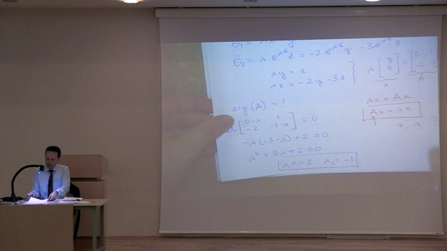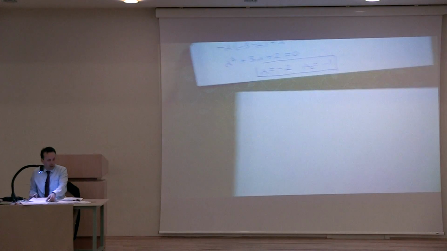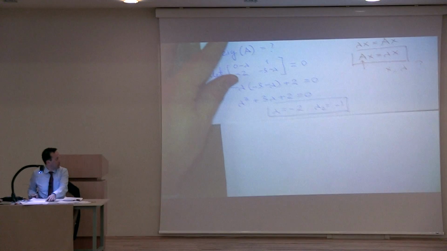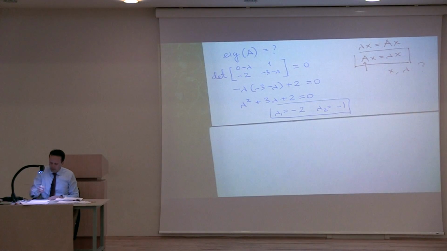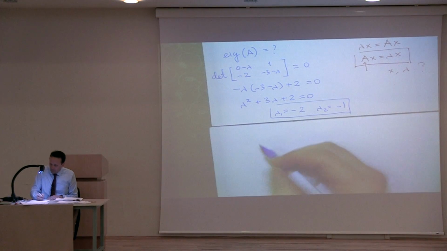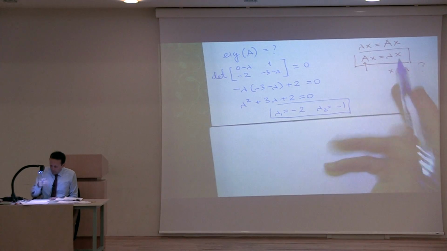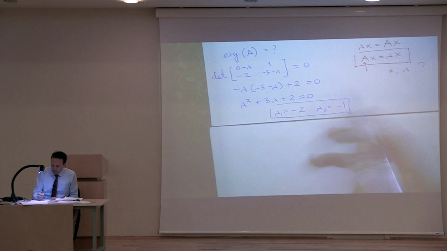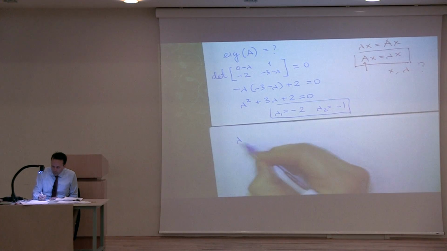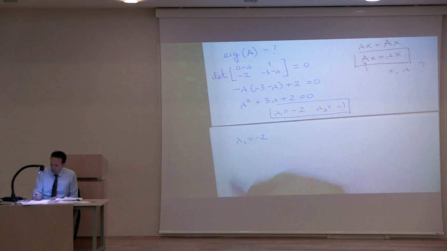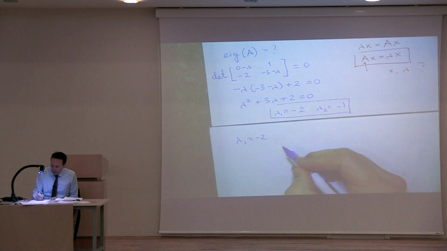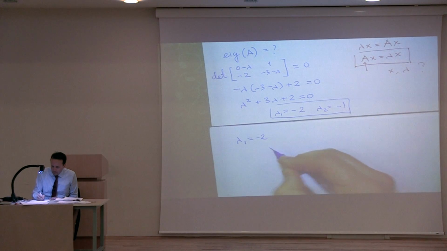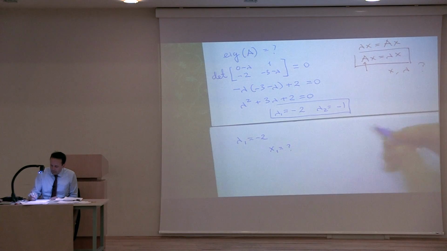What we're going to do next is, of course, take these numbers and plug them into this thing and try to find x. So for lambda 1 equal to minus 2, you should be able to find x1, the eigenvector.